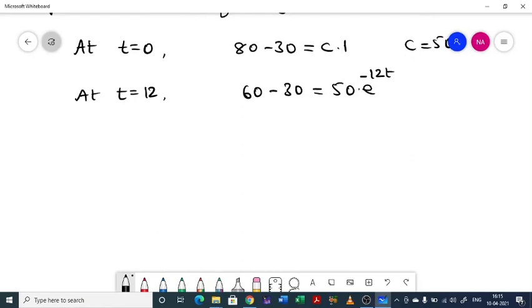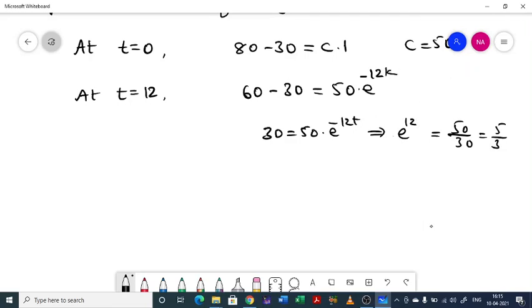So again this will be 30 equal to 50 into e power minus 12k. So e power 12k from this equals 50 divided by 30, that is 5 by 3. It is not t, it is k, sorry.